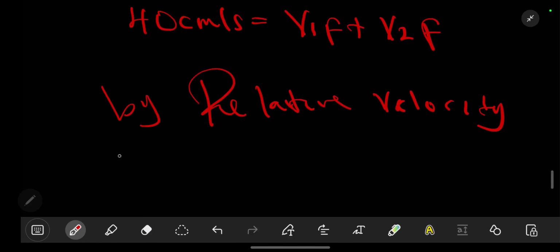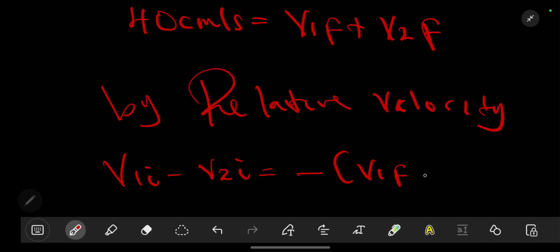So the relative velocity gives V1 initial minus V2 initial should be equal to the negative of the same thing, V1 final, but it just changes to final, minus V2 final, like that.